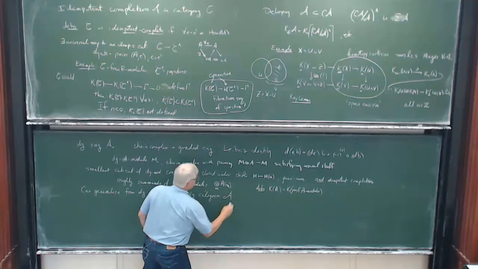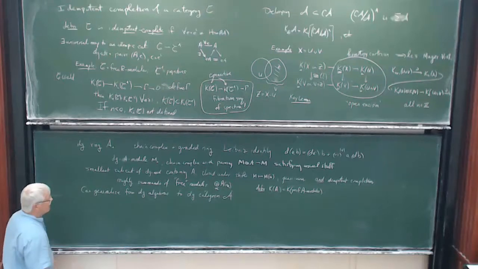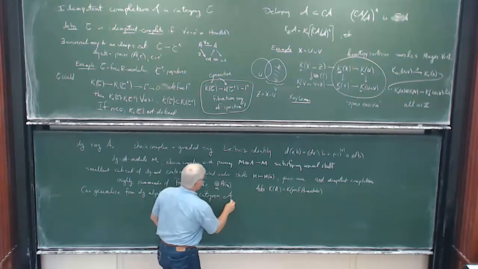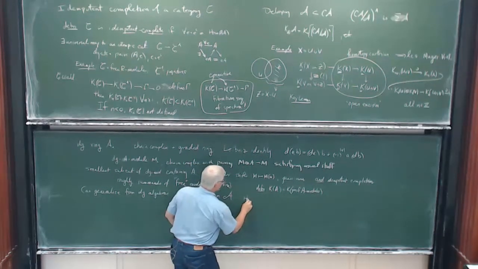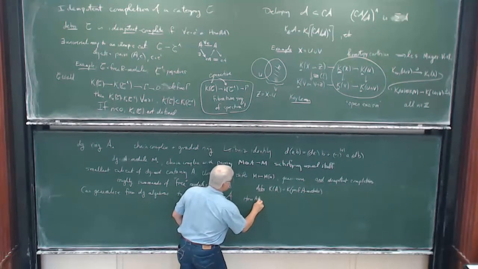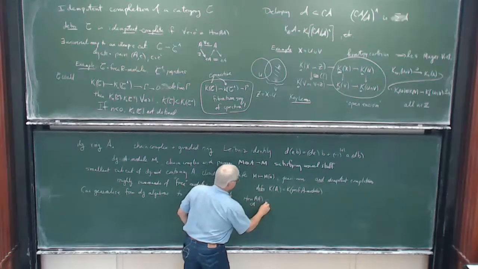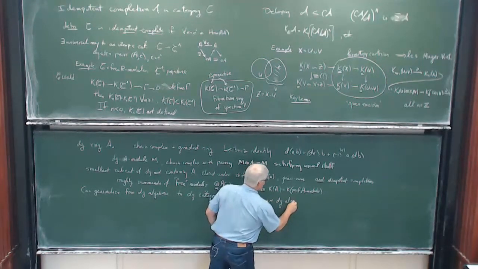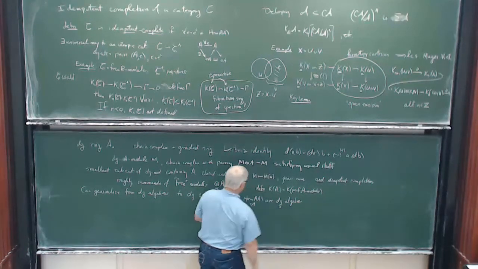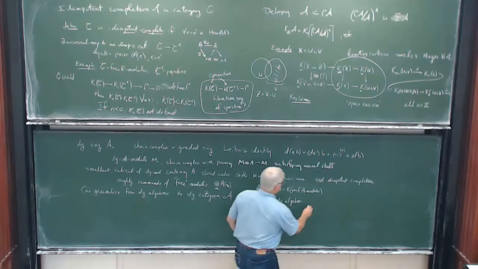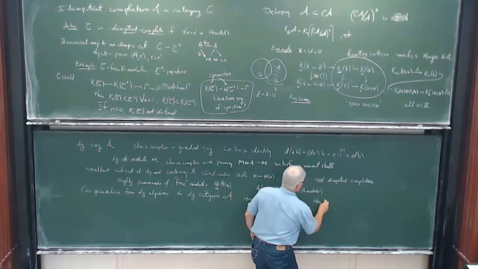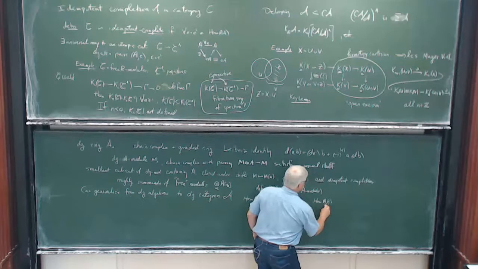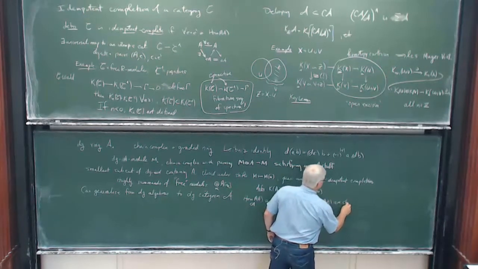So Roman A goes to script A. And the point here is that the homomorphisms from A to A in the category script A are DG algebras. And the Hom(A,B)s are chain complexes.